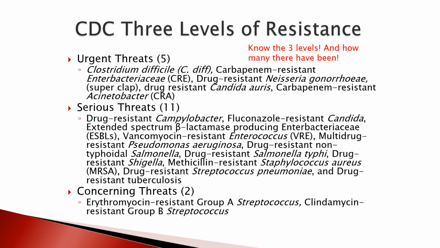And in urgent threats, there are 5. And the urgent threats are the ones that I actually want you to know all 5 of them. That is C. diff, CRE, superclap, which is gonorrhea, Candida auris, that is a type of yeast infection, and then CRA. So these are the 5 urgent threats that I want you to know by name.